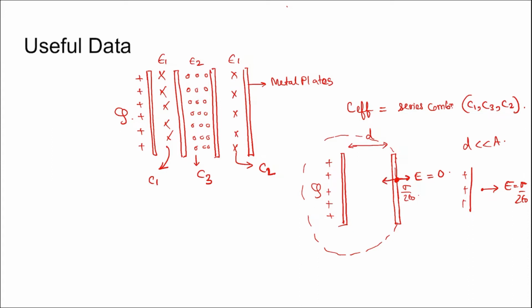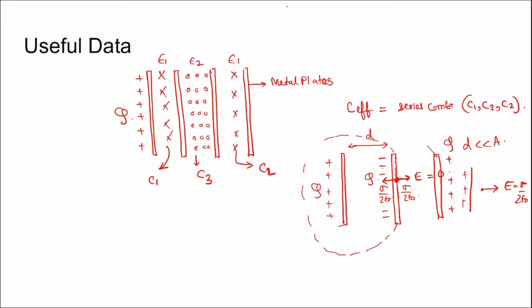So this is pushing it, someone should pull it. So here the same sigma by 2 epsilon naught should come, or in other words, due to Gauss law, the net charge enclosed should be 0. So here minus Q should come.